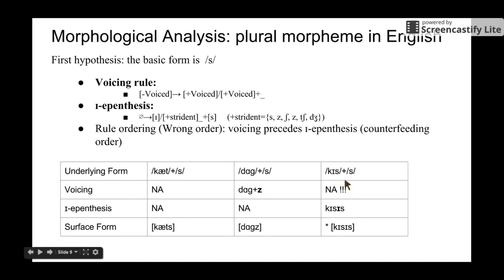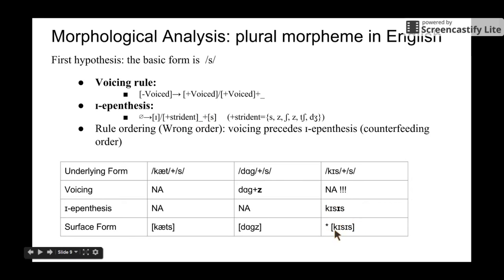So when we try to apply the voicing rule, this is not the right environment for the voicing rule because we have a voiceless sound preceding the target, right? And then we have the vowel insertion rule. It applies because this is the right environment.